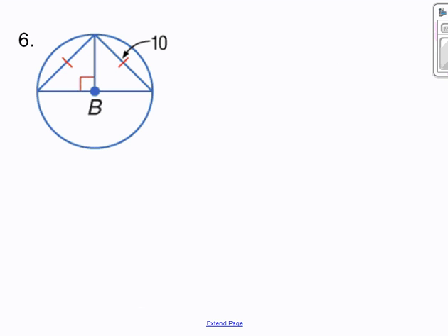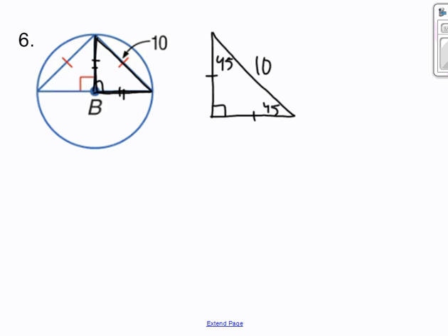Okay, this is the same kind of deal. I don't know the radius, but at least I know that these two lengths are the same. So if I were to redraw this, it's just like the last one. These are the same because they're both radii. These are both 45. So remember, to go from hypotenuse to a leg, you divide by radical 2.